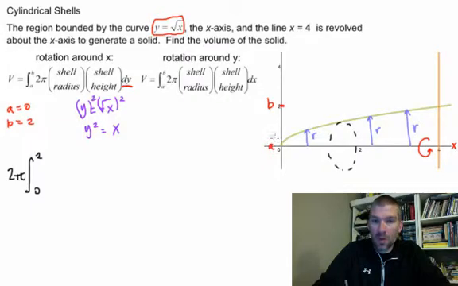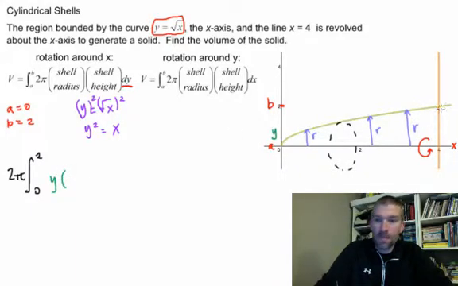But what do those r's represent? They represent values of y. And so the radius on this guy is how far in y coordinates we are off of the x-axis. Okay, so our shell radius is going to be y.